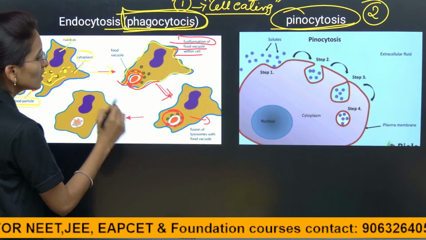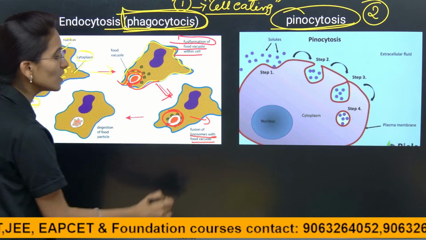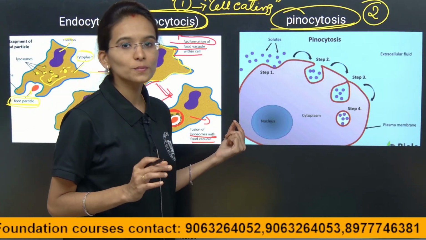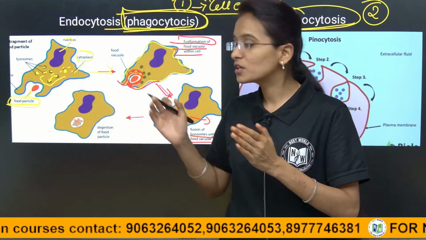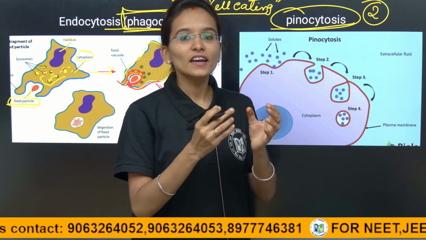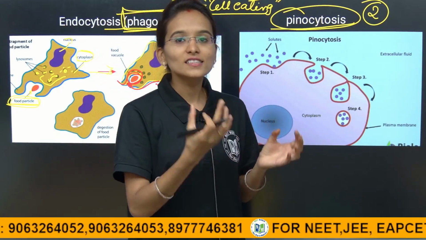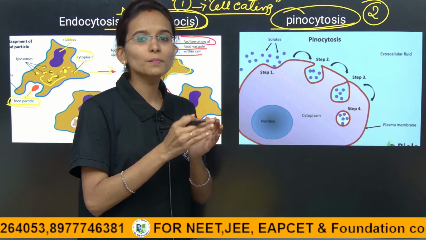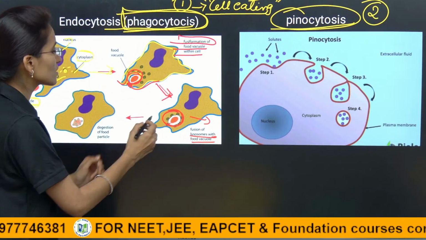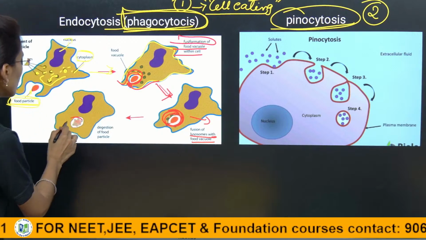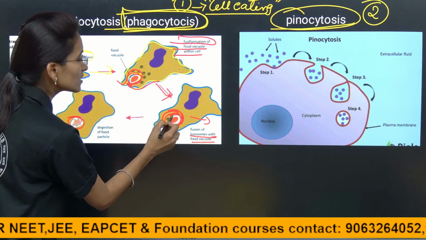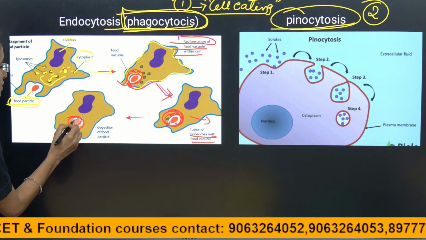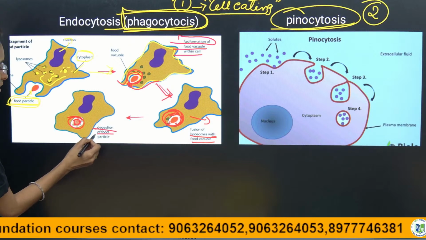After that, next what happens? Fusion of lysosomes with the food vacuole. Inside the cell, lysosomes are present. First the amoeba is going to surround the food particles, and next it is going to form one vesicle. Inside the vesicle the food particle is present, and then it is going to fuse with the lysosomes. After fusing, it is going to digest the food particles. See here, digestion of the food particles.